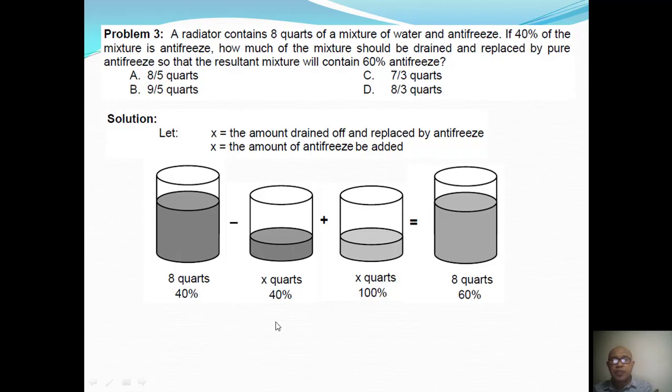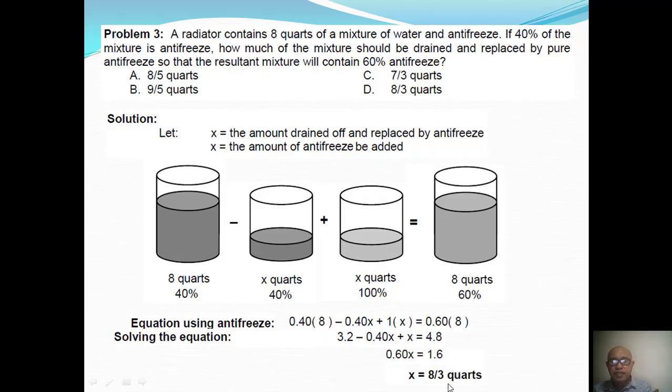So to form the equation, we can use the amount of the antifreeze. So we have 0.4 of 8 minus 0.4 of x plus 1x is equal to 0.6 of 8. Then we can solve for x, and that is equal to 8/3 quarts.